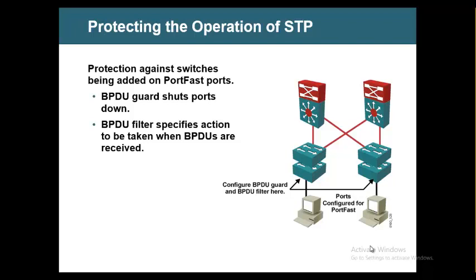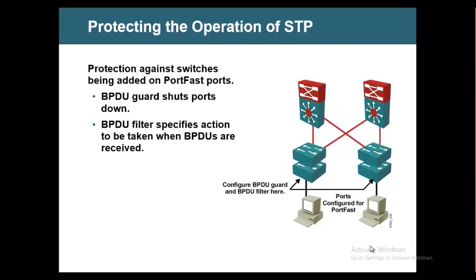So when you enable port fast on the ports where computers are connected, port fast is a feature. When you configure port fast on the ports where the PCs are connected, those ports will not expect any BPDU.